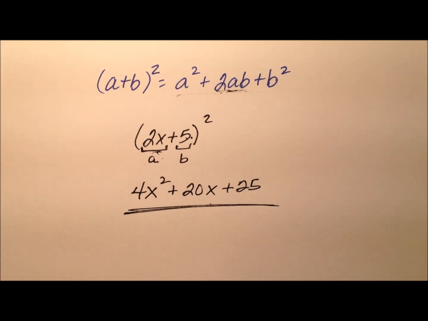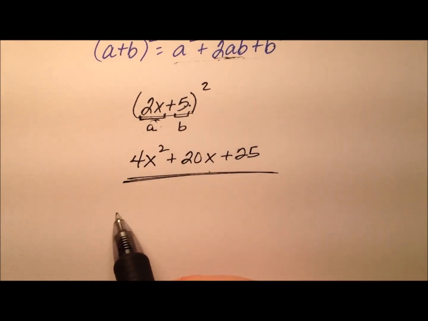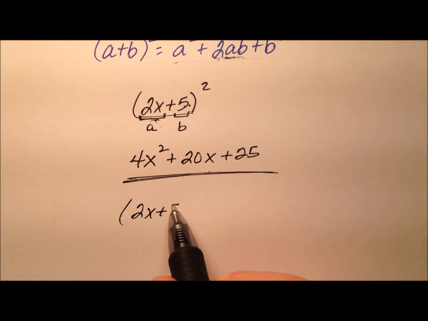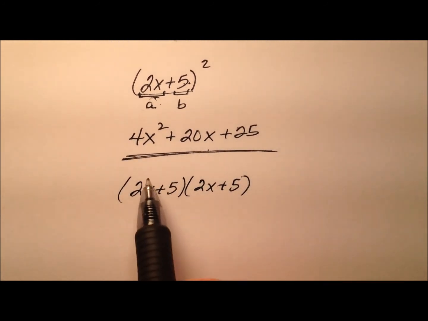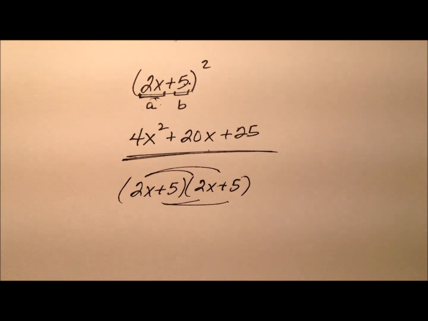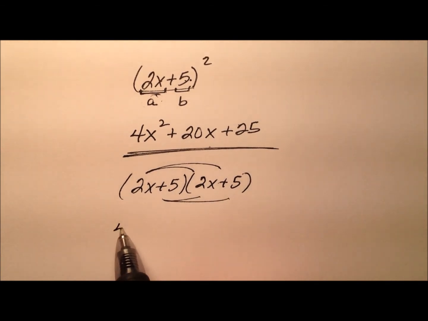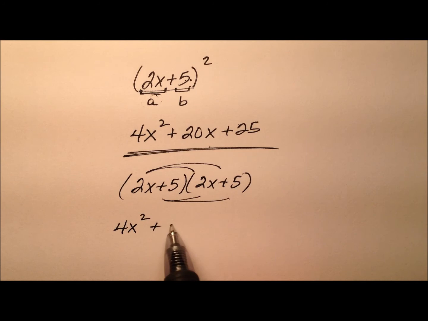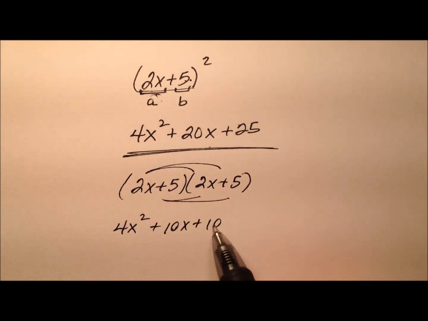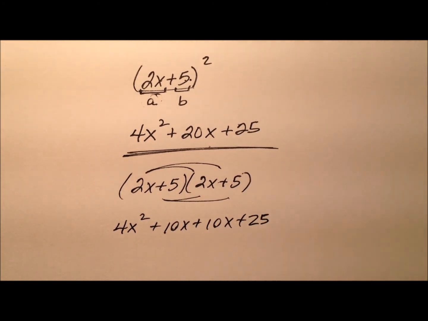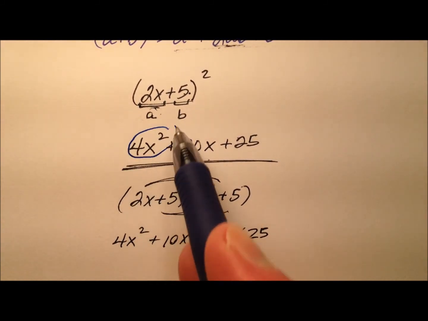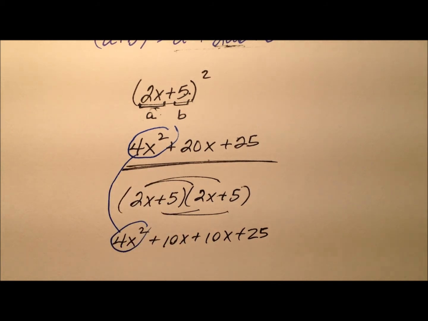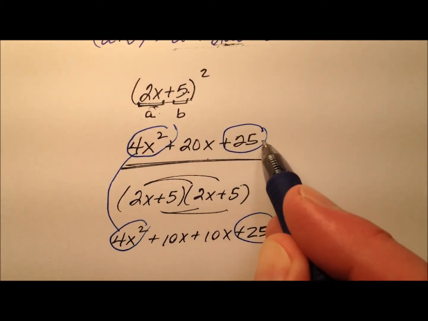Let's go ahead and do it out the long way and show you why it works this way. When I square something, that means I'm going to multiply it by itself. So I'm going to put them side by side and multiply it out. So once again, this series of distributions. 2x times 2x is 4x squared. And then we'll have plus 10x plus 10x plus 25. Okay, so honestly here we have our 4x squareds that are the same, and we have our plus 25 that's the same.